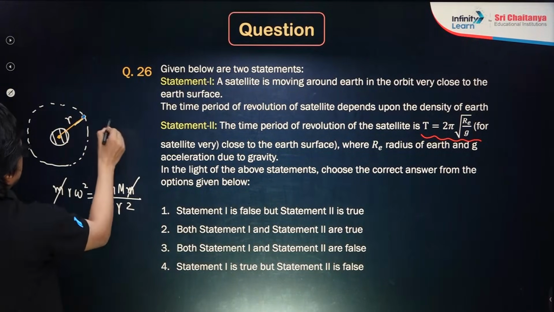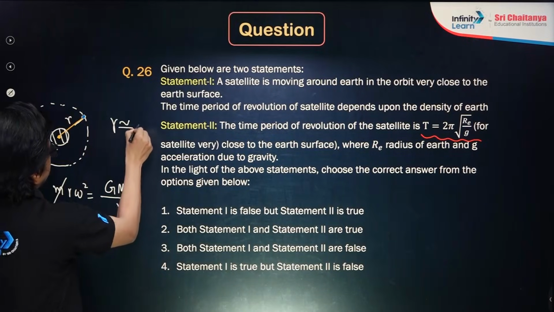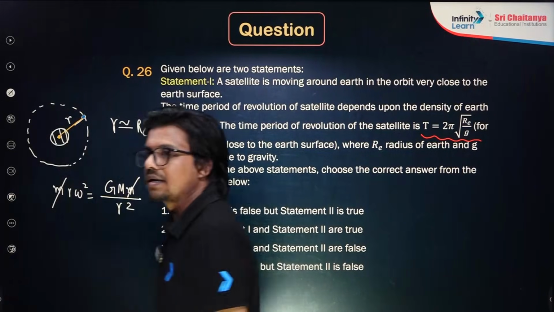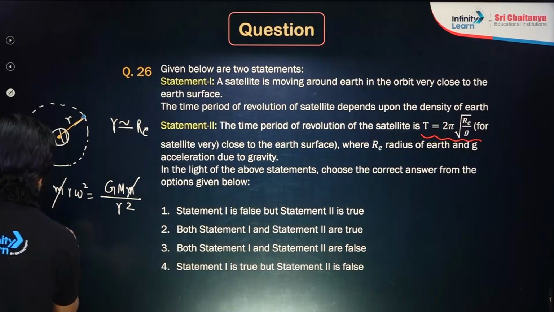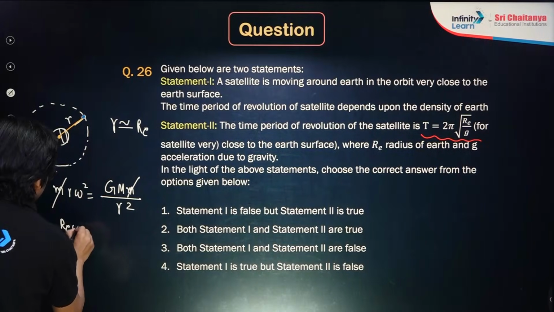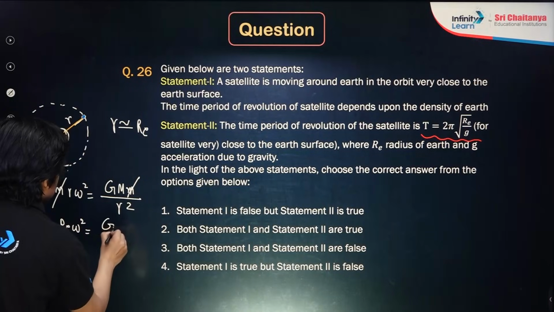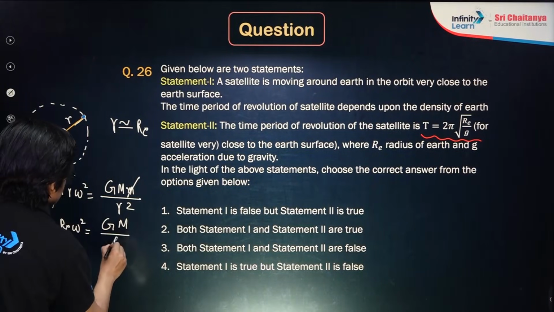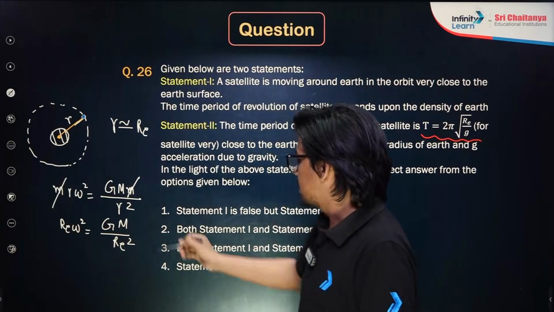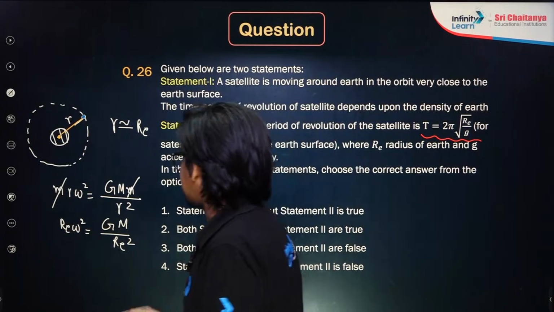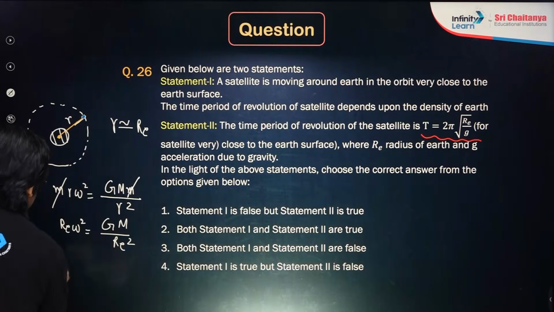Because it is very close to the Earth, you can take r to be approximately equal to Re, which is the radius of Earth. So I can write Re into omega square equal to G M divided by Re square. This G M by Re square is nothing but small g, the acceleration due to gravity on the surface of Earth.